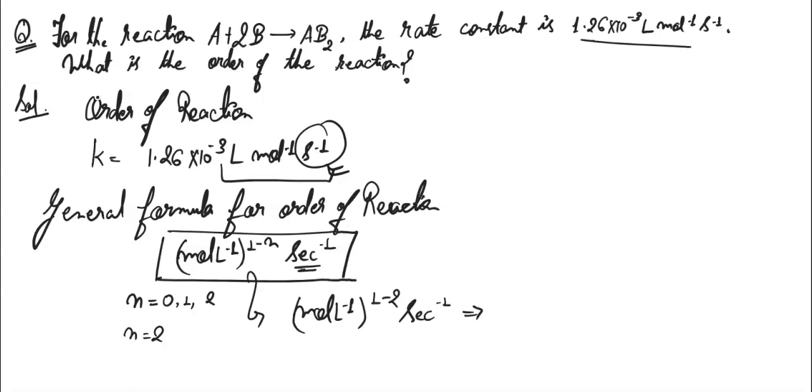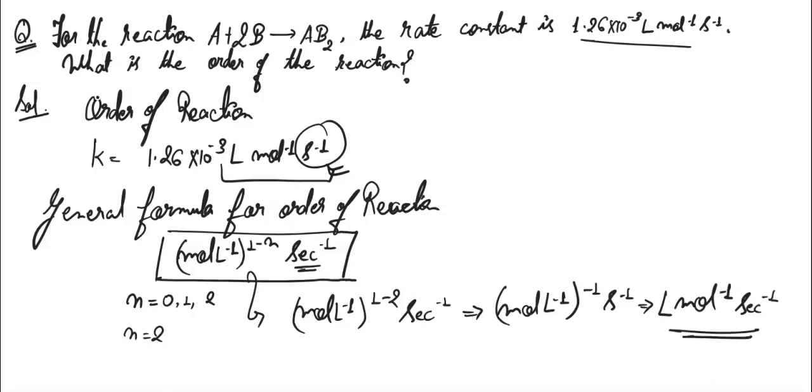So it comes out as mole inverse liter second inverse. You can see that this is equivalent to liter per mole per second. So you can say that it's a second order reaction.